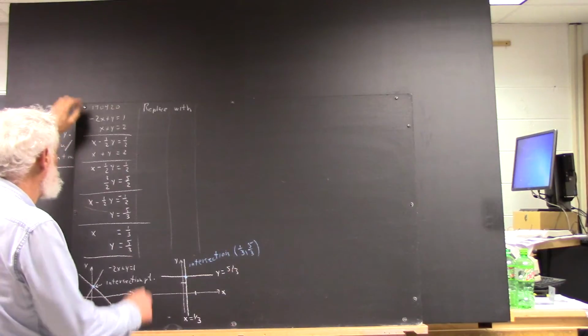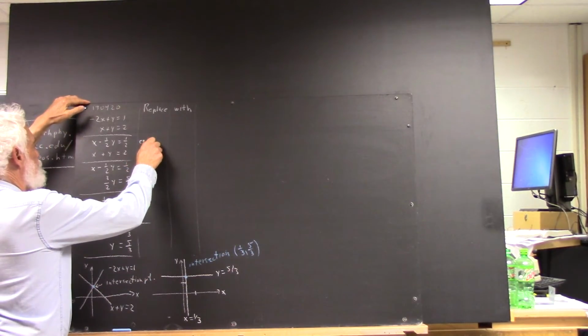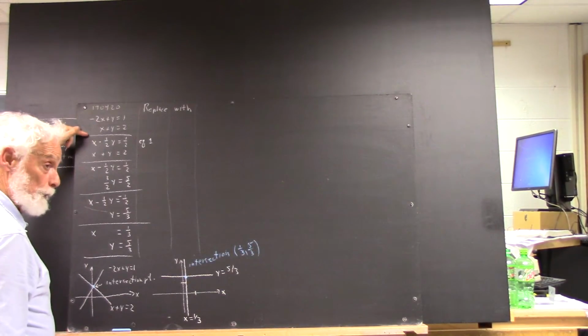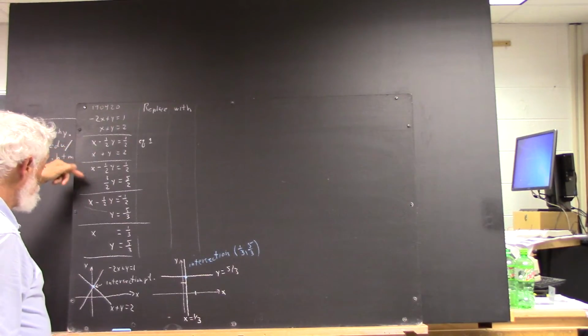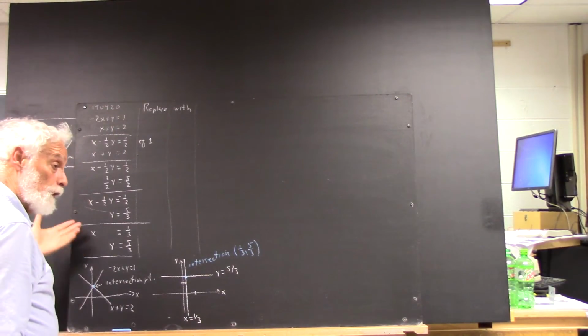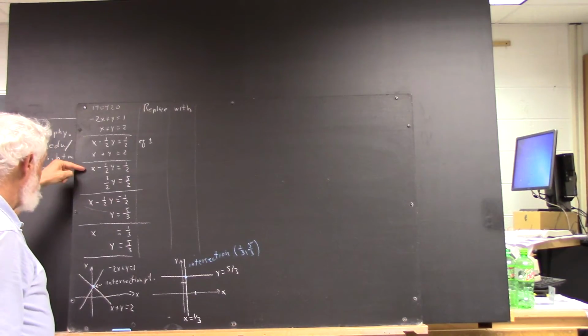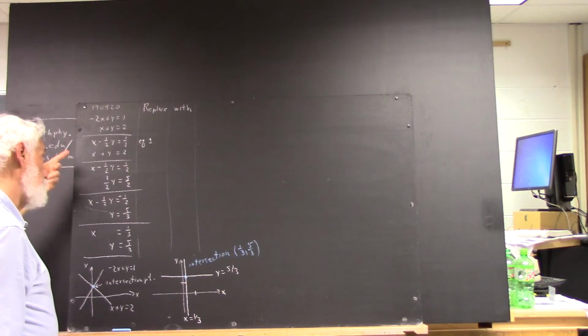So we replace equation 1. Now at any step, I have equation 1 and equation 2, and then I have equation 1, equation 2, and so forth all the way down the line. So when I'm at this step, equation 1 is this, equation 2 is this. But the new equation 1, of course, is this.